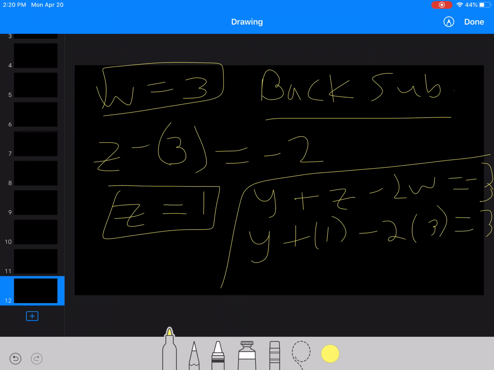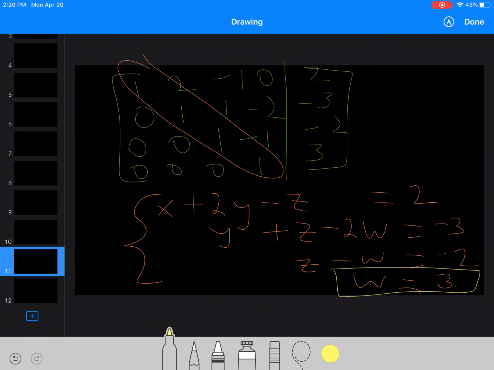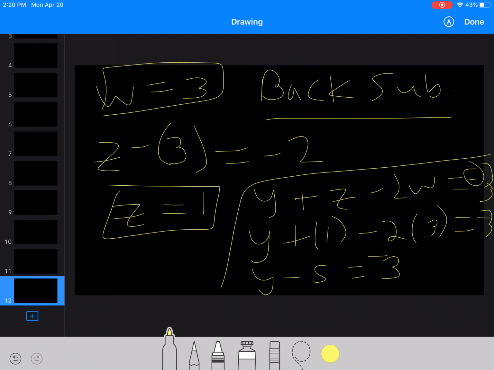And we can simplify this up a little bit. 1 minus 6 will be minus 5. And equals negative 3. Didn't see that negative. There's a negative right there. Yep, negative 3. All right, so when we get done with that, y will equal 2.